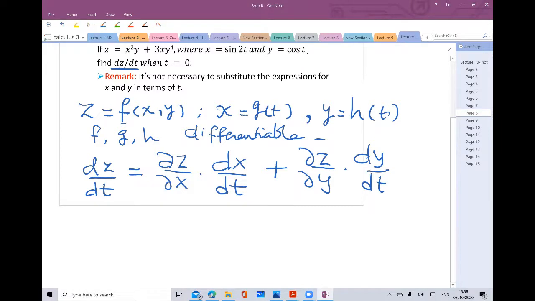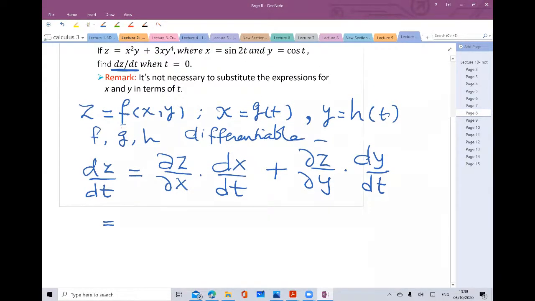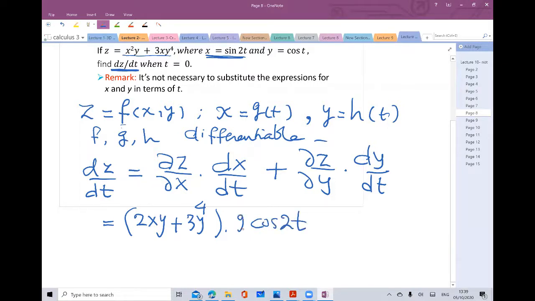Now let's apply partial z partial x. z is the function x squared y plus 3xy to the power 4. Now let's open the bracket for this derivative with respect to x. Fixing y, I'll end up with 2xy plus 3y to the power 4, times dx by dt. x is the function sine 2t. The derivative of x with respect to t is cosine 2t times the derivative of the argument, 2.